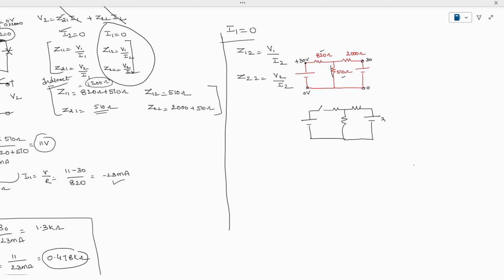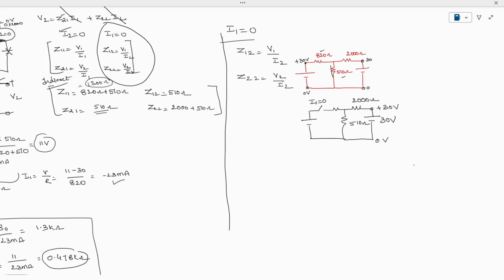30 volt source. So this is a 30 volt source at this point, and this is a 0 volt source, and here you are going to have 2000 ohm, and here you are going to have 510 ohm, and this is now open circuited. Automatically I1 is 0.